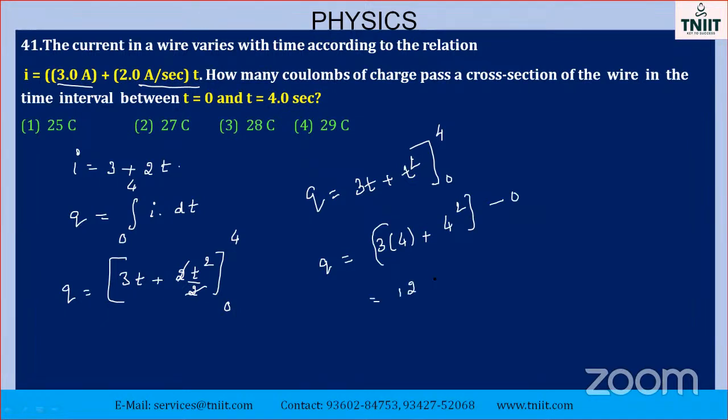So 3 into 4 is 12 plus 16. What is 12 plus 16? It is nothing but 28. So what is the charge? 28 coulomb. Option 3 is the right answer.